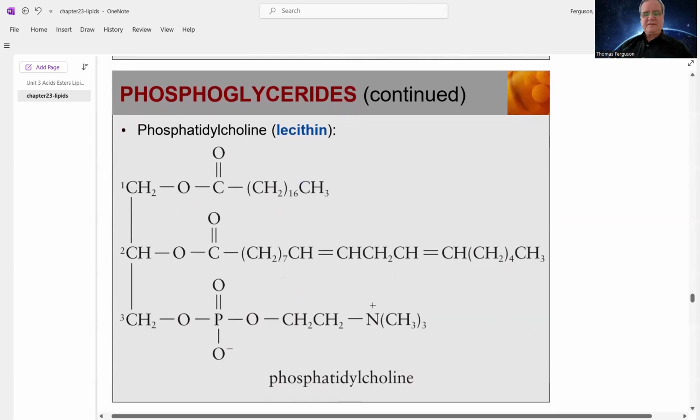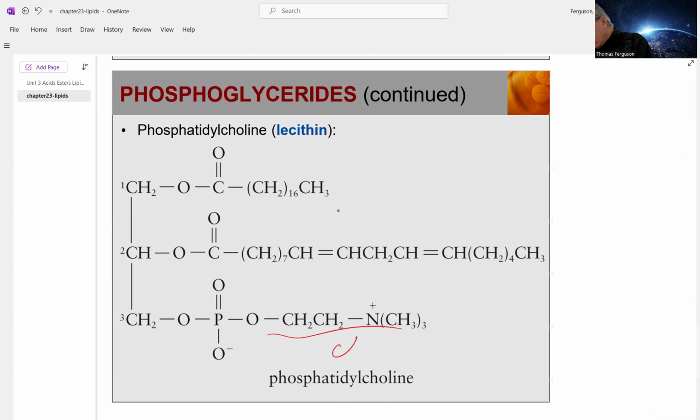And this is what lecithin looks like. So this is the choline down here. And these are any 2 fatty acids.